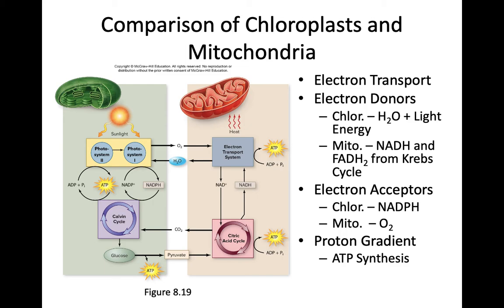And the established proton gradient is going to be used with ATP synthase in the synthesis of ATP, which will be used in the cell for other purposes. So you've got the same type of mechanism going on with the exactly opposite outcome. In the chloroplasts, energy will be used to fix carbon dioxide into an organic molecule, and the mitochondria will oxidize the organic molecule in the formation of carbon dioxide and ATP.